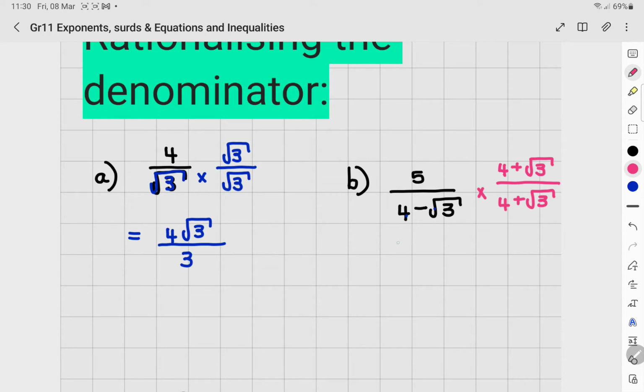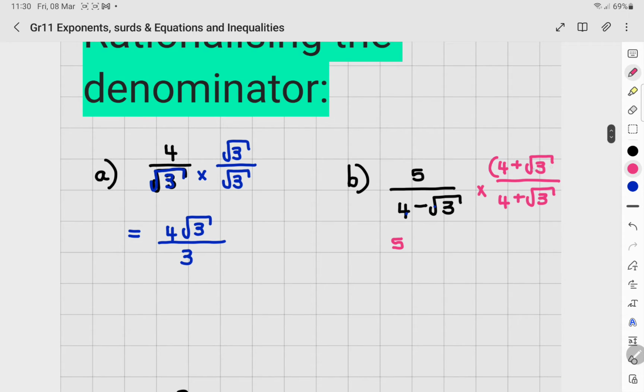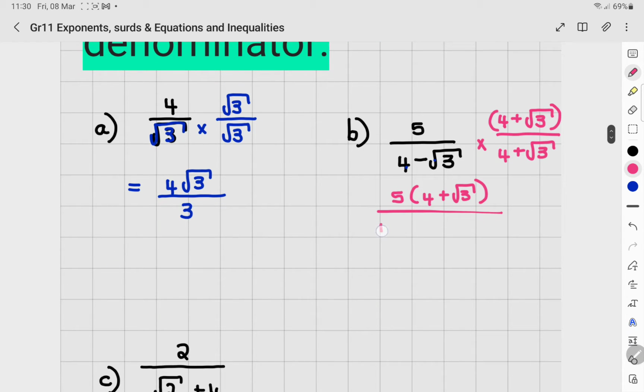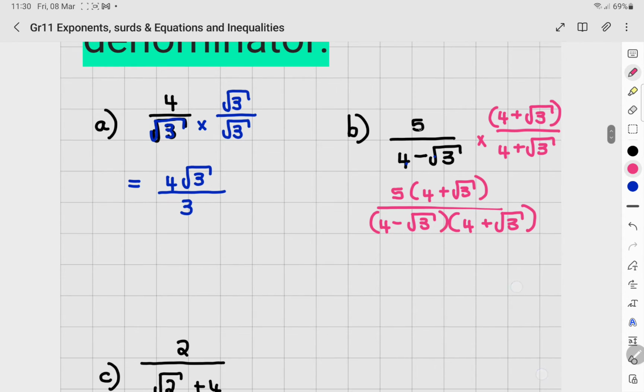All right, so then we're going to have 5, which is multiplied by these 2 terms. So I'm just going to write it down in a few more steps than needed. And over here, 4 minus the square root of 3 times the 4 plus square root of 3. Remember, when we multiply fractions, it's tops times tops, bottoms times bottoms.